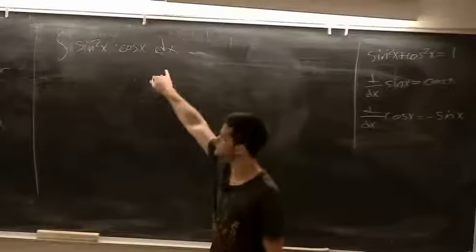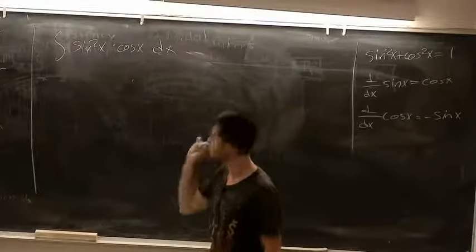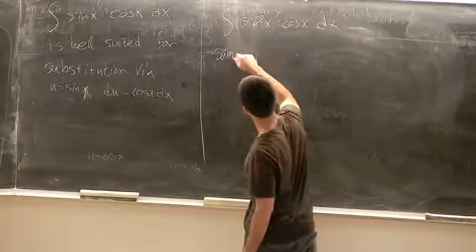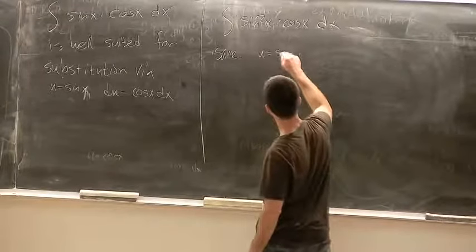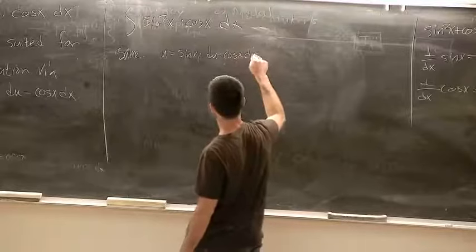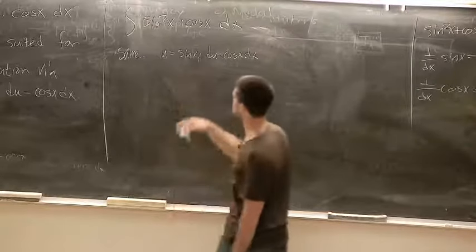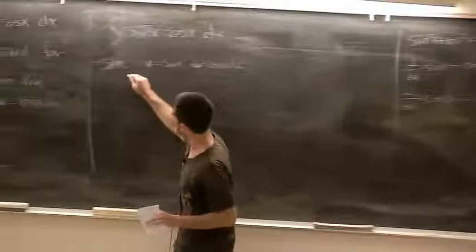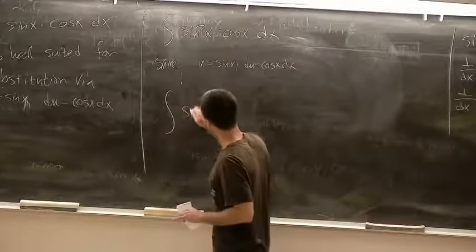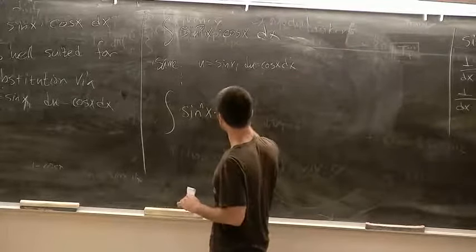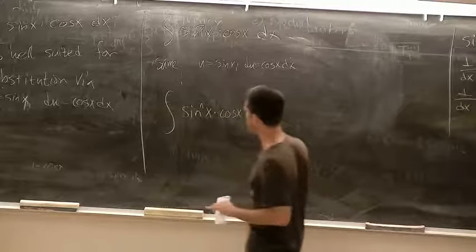What method can we use to solve this one? Another u substitution. The same one, in fact. U is sine of x, so du is cos x dx. And the thing is just equal to the integral of u squared. So, in fact, continuing on in this pattern, sine to the nth power of x, as long as there's a cosine of x, we can just use this same method.